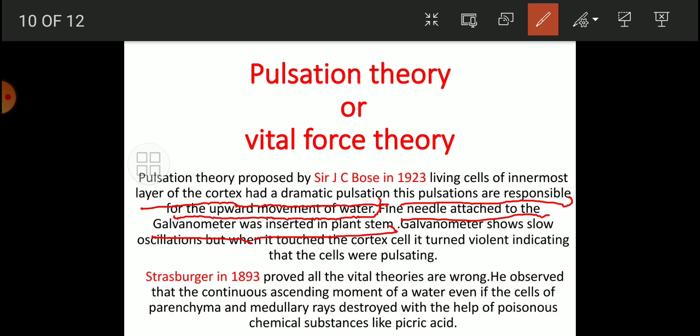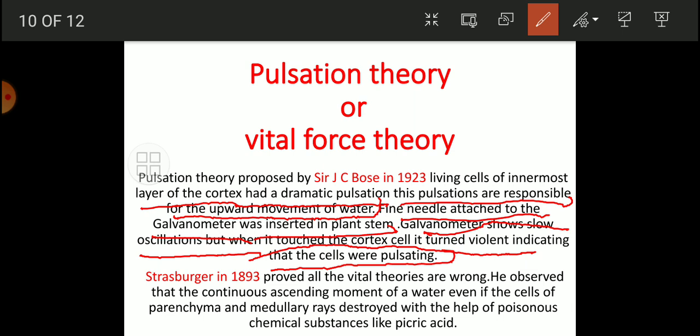In that experiment, a fine needle attached to the galvanometer was inserted in the stem, and the galvanometer shows slow oscillations, but when it is touched to the cortex cells, it turned violent, indicating that the cells are pulsating. Because of that pulsating process, the ascent of sap takes place, which was given by Sir J.C. Bose in 1923.